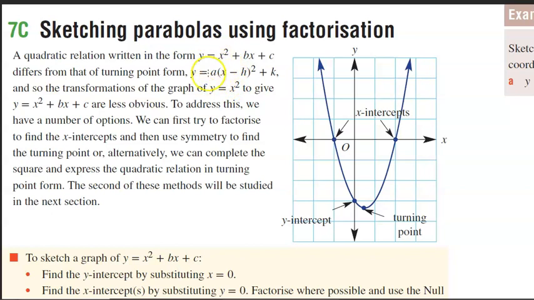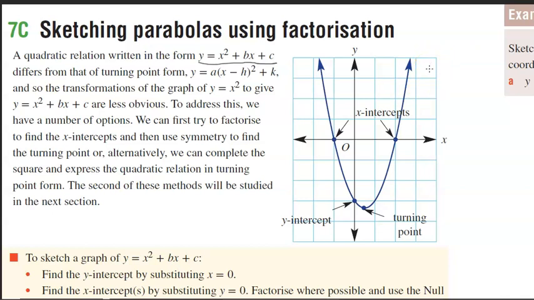This dilates the graph, and then we have this other k that's added or subtracted at the end, and that shifts it up or down, with the h shifting it left or right. But when you have it in this format here, it's not as obvious to know what type of shift or movement or dilation is happening with the graph. It's less obvious to know what the change is.